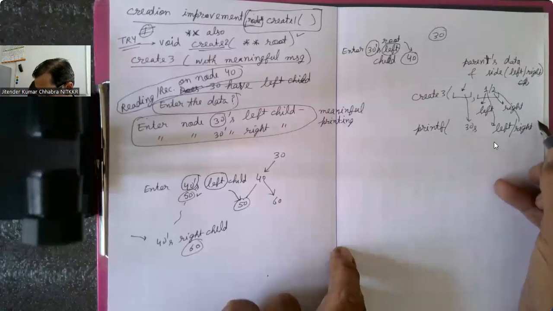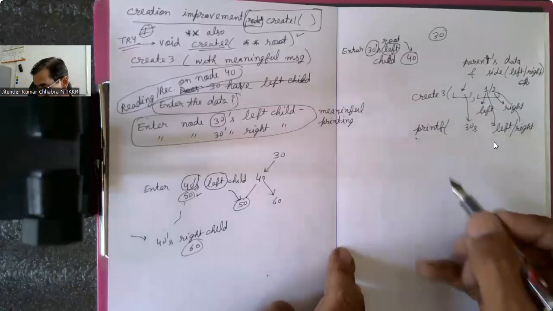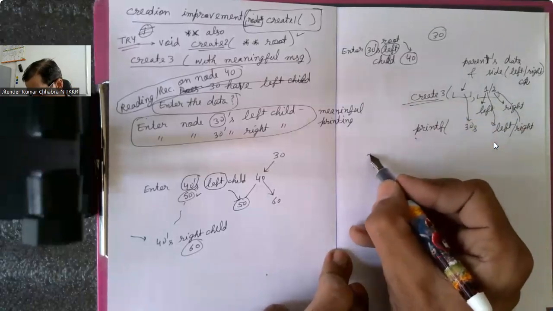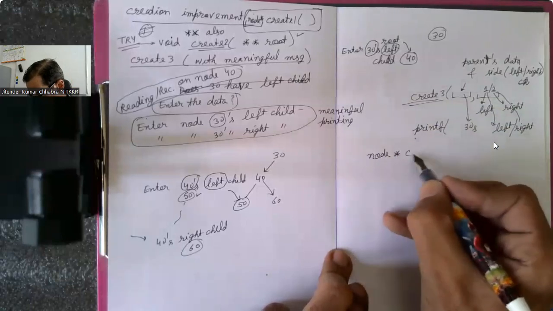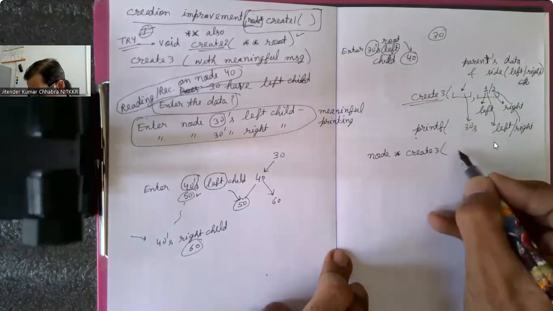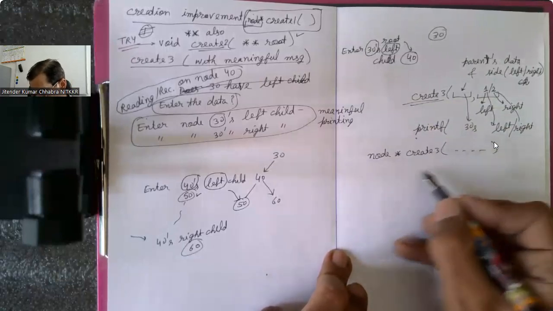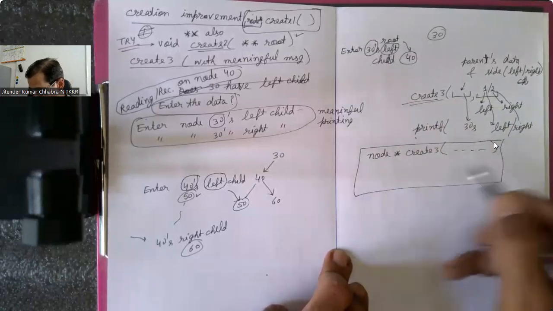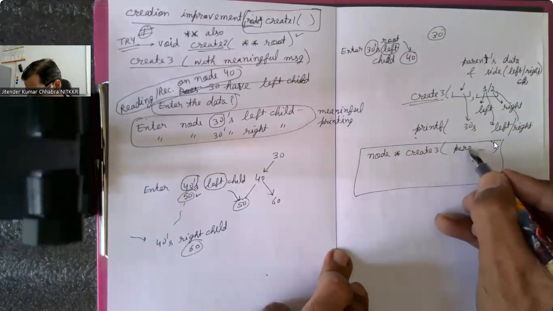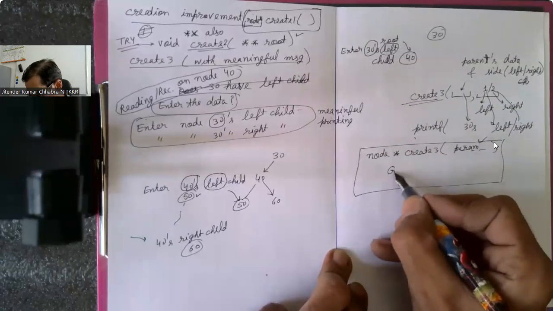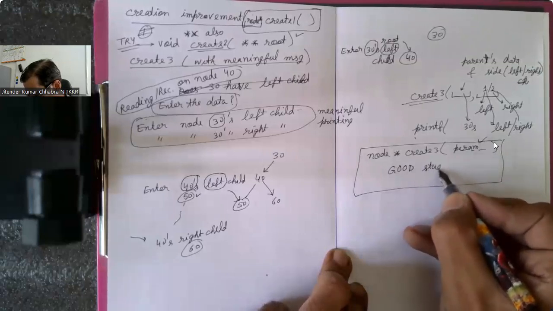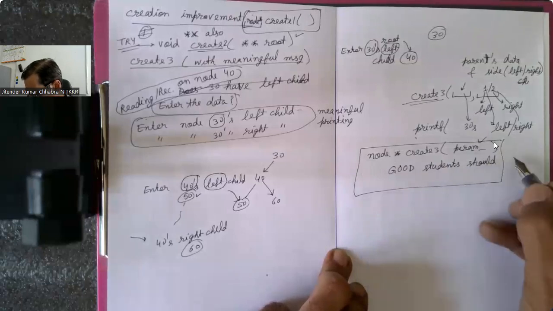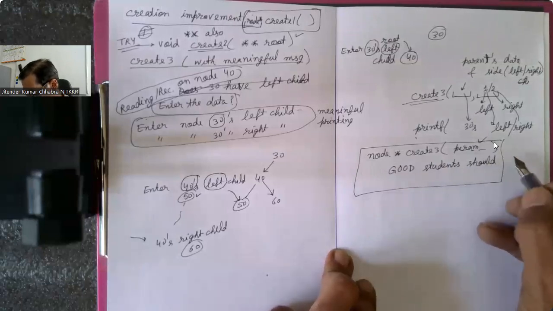And then accordingly I give this message, and the rest of the program remains similar. So that can be the changed function. So my node star create 3 can be made like this. Of course, there can be other ways of doing similar work, but this is one way which you should try. So parameters will be used here, and good students can think of implementing this logic also. Those who find it difficult need not bother, because create 1 and create 2 still work fine and without difficulty.